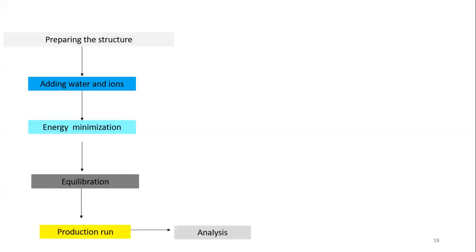So if you prepare the structure well and prepare the topology without any errors, you can be sure that you will be fine and you will have a good production run, and you can start analysis.